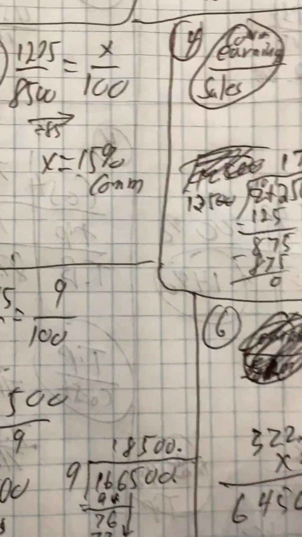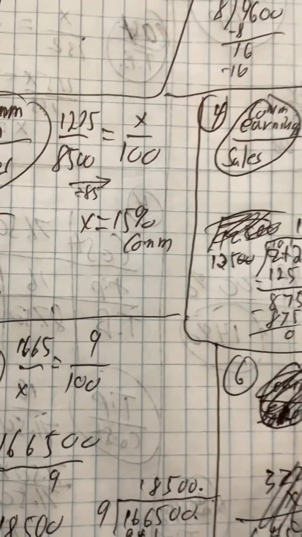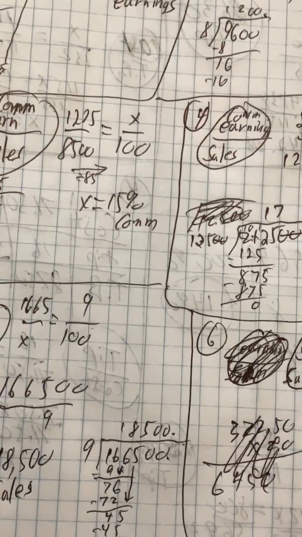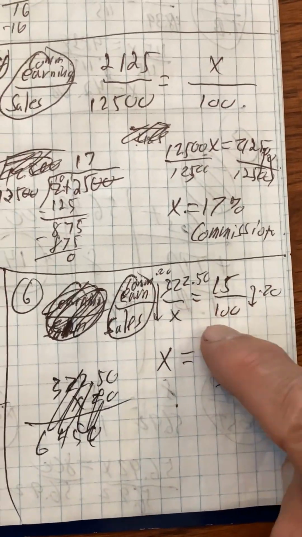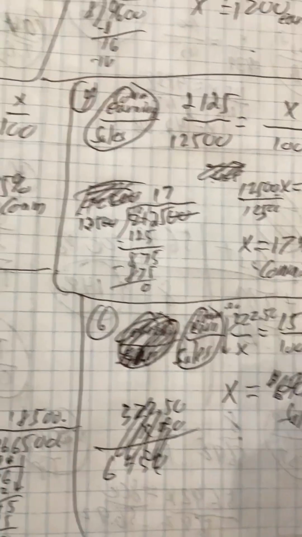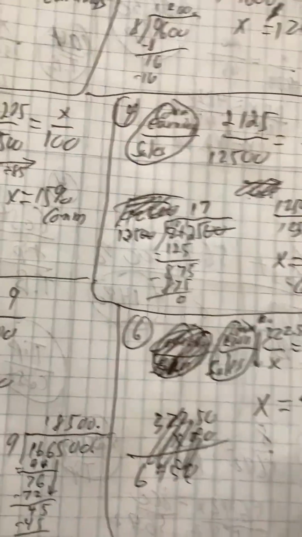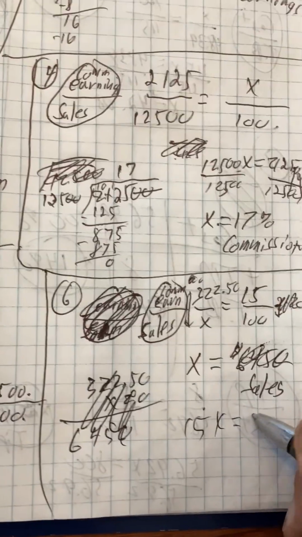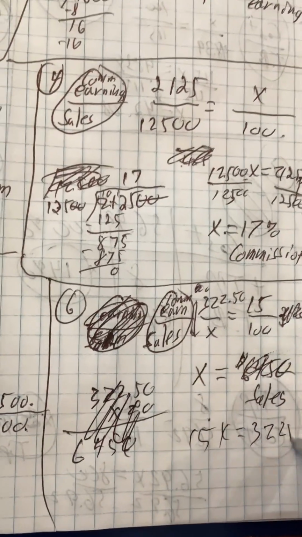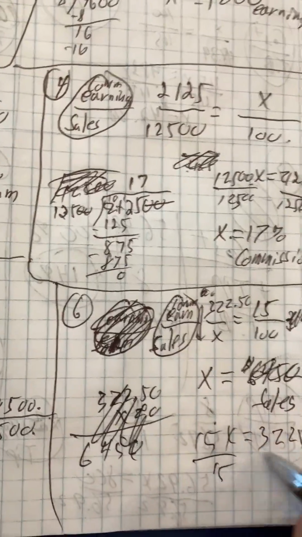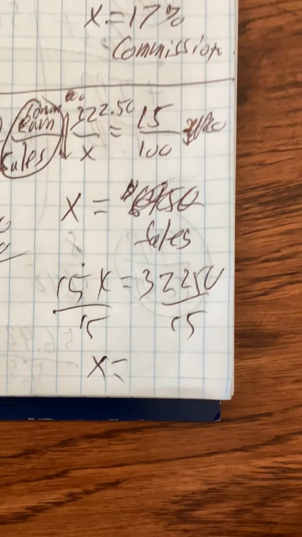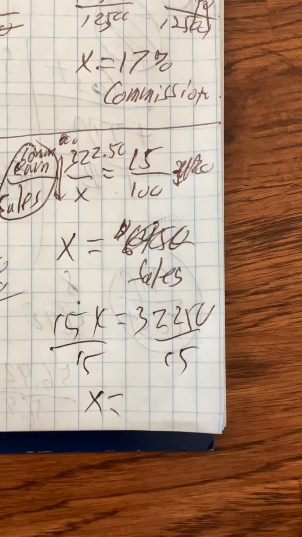So I have to stop here and do this one cold turkey. I thought that was 5%, so I just went times 20. So now I'm going to have to do my crisscross. 15x equals 3,250, and I have to divide both sides by 15. And I guess I'll let you do that.